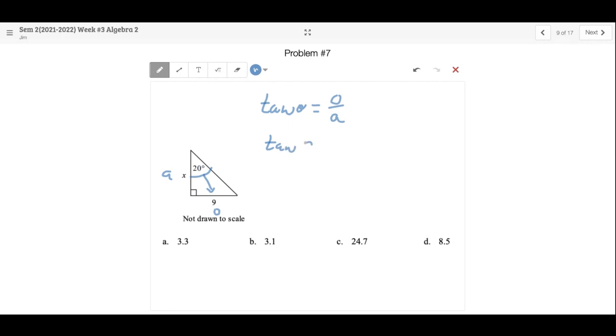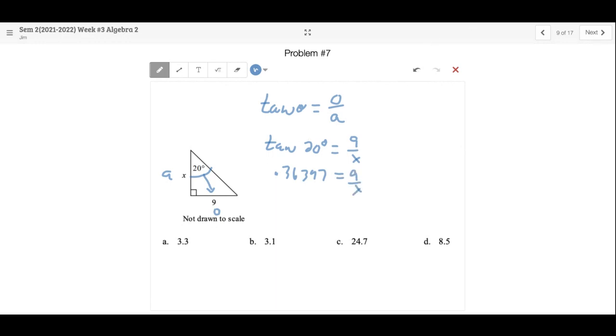So the tangent of 20 degrees is equal to 9 over x. Now, I don't know what tangent of 20 degrees is, but I do have a calculator. If you don't have a calculator, just go to decimals. So I end up with 0.36397 is equal to 9 over x.